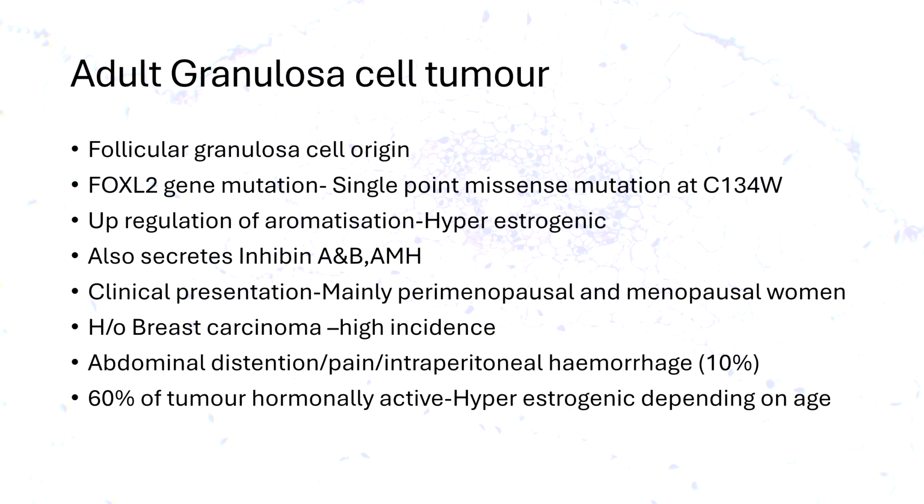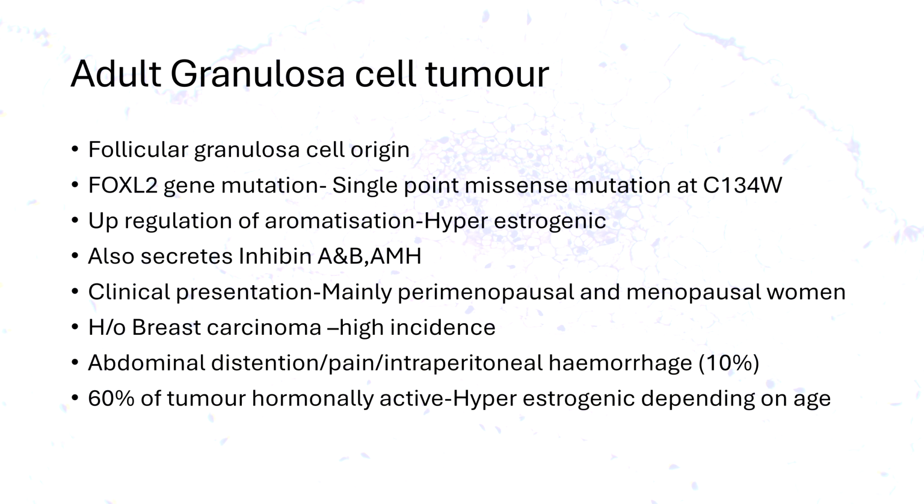Adult granulosa cell tumor originates from the follicular granulosa cells of the ovary. Granulosa cells, we know, surround the ovum in the Graafian follicle and secrete estrogen under the influence of FSH and LH.